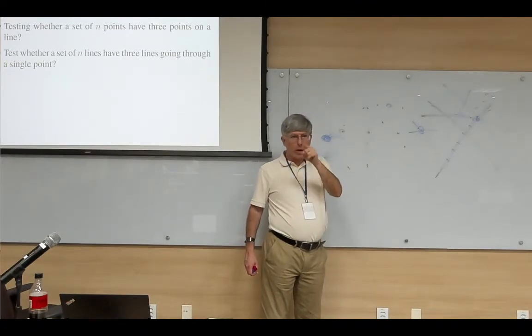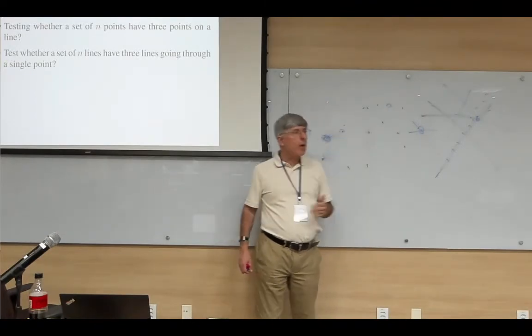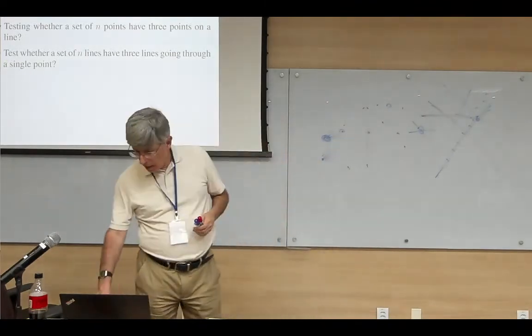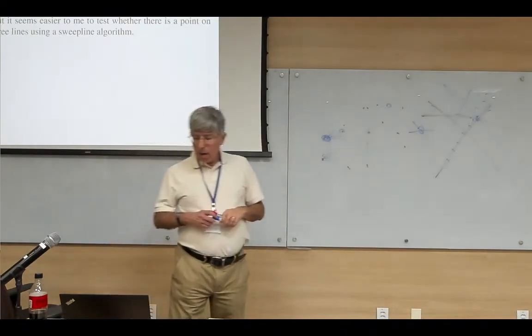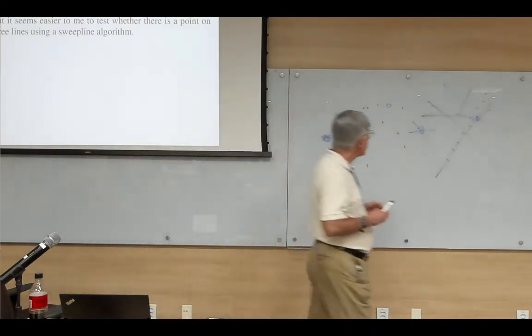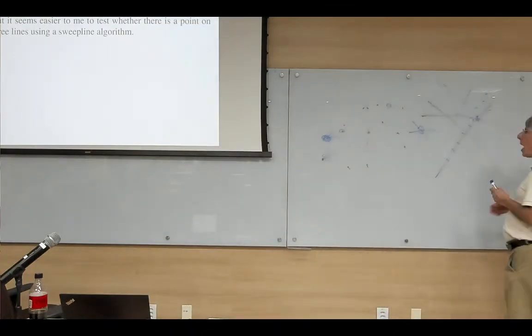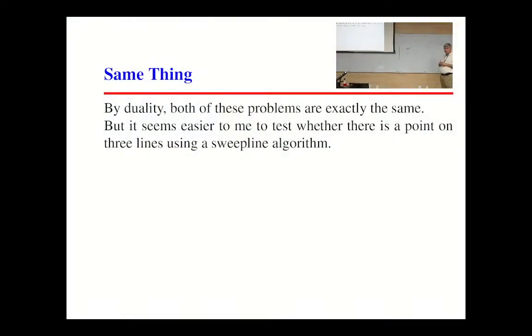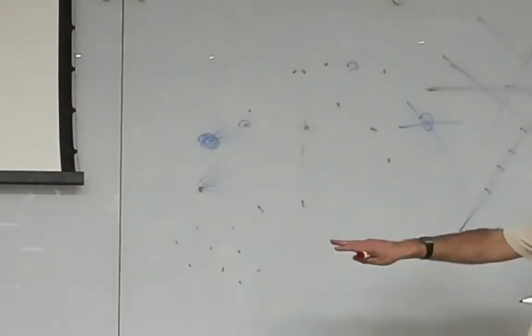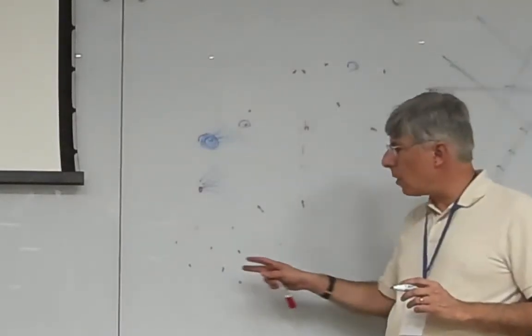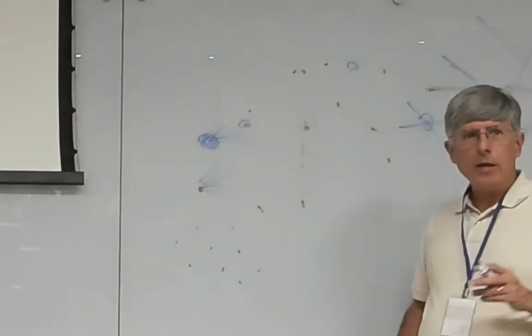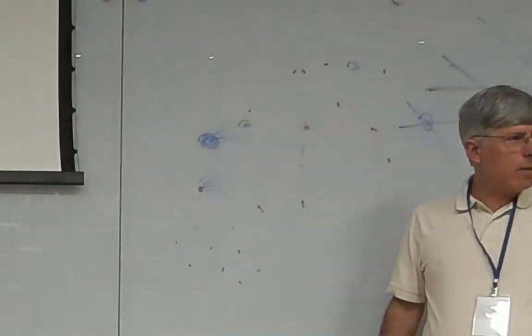Sweep line on the side. Sweep line algorithm. This is what I know how to do. What would I be doing? I would say, is there a way to think of this as a sweep line problem where I am given a set of points? Viewing it by a sweep line algorithm, if I want to find whether there are three collinear points, is it obvious what my sweep line algorithm is?